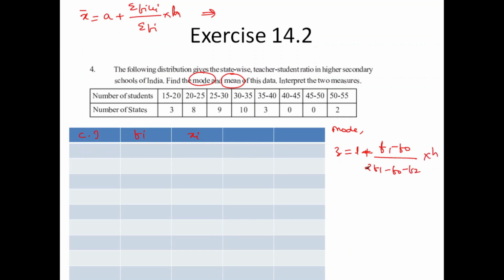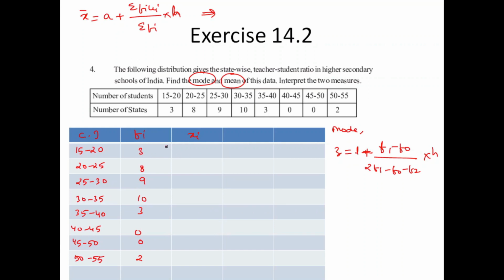Okay, so let's substitute everything quickly. The class interval is 15 to 20, 20 to 25, 25 to 30, 30 to 35, 35 to 40, 40 to 45, 45 to 50, 50 to 55, and the frequencies are 2, 0, 3, 10, 9, 8, and again 3.